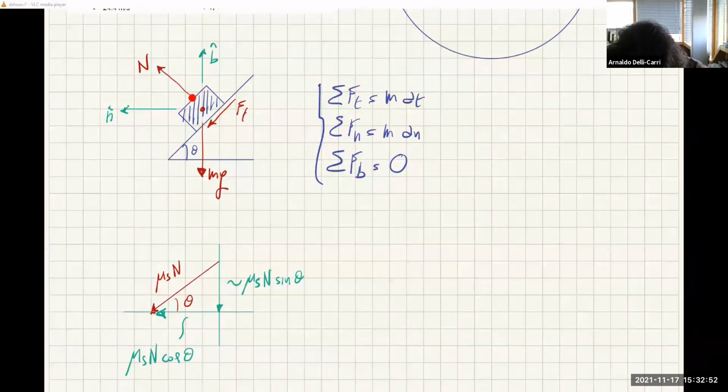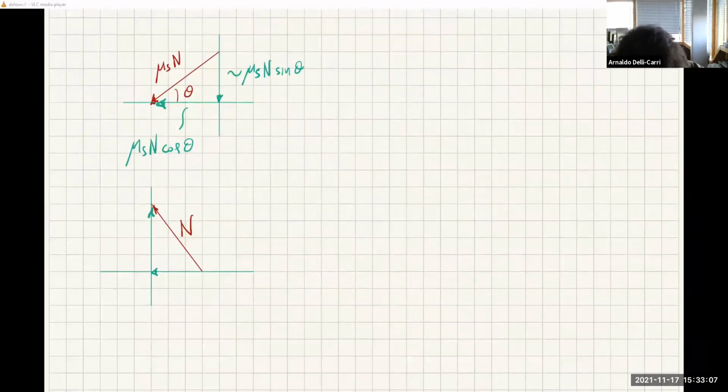Now this is normal to Ff, and so the same angle is made with the normal to n. So this angle here is 20 degrees. This angle here is theta. You should agree with me that this angle is theta. And so this angle is theta. Therefore, this is n sine theta, opposite, and this one is n cosine theta.